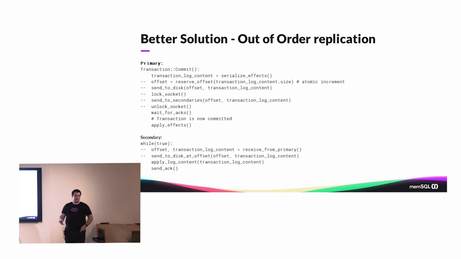Above that offset, the challenging part is, suppose that your primary fails, and you have a secondary that has a hole. You have to know how to identify that hole. There's actually a lot more that we do that's not here, but we basically have a checksum for each transaction block.